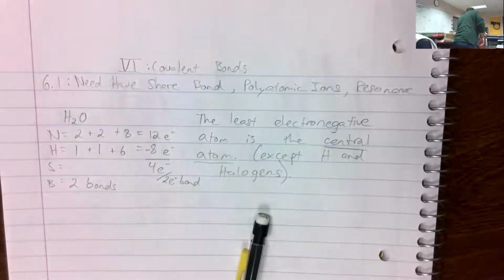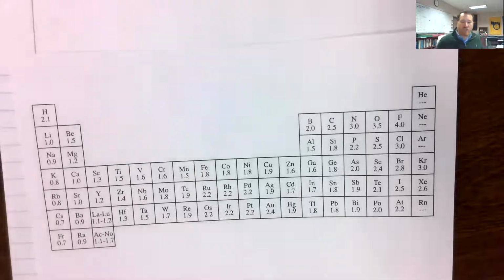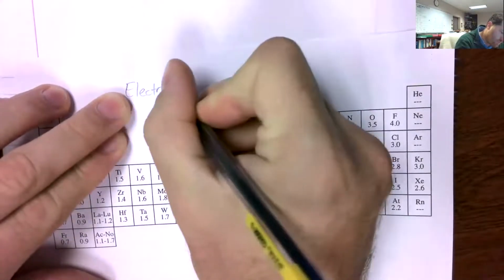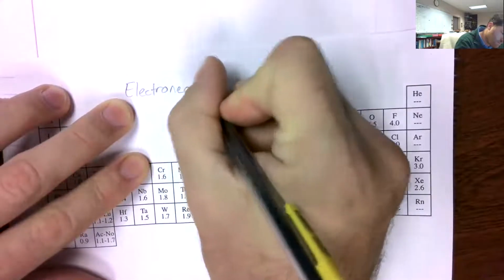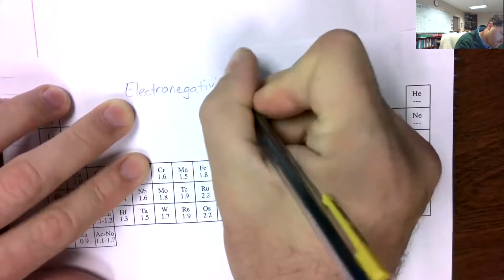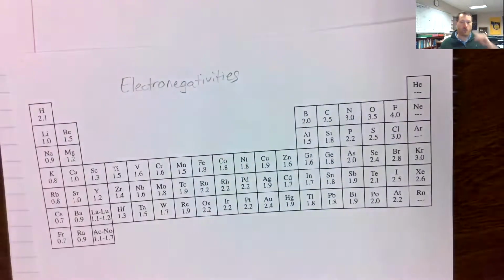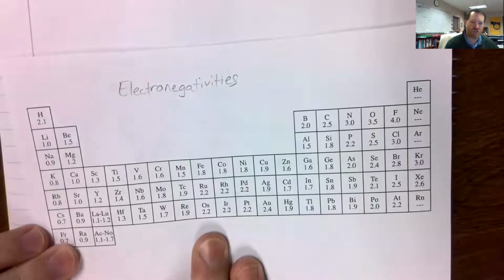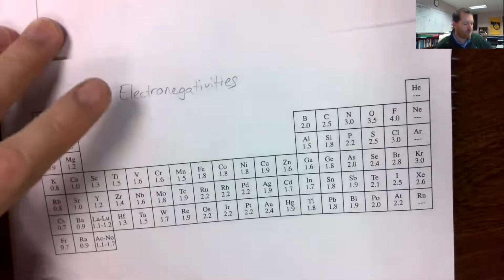You were in class, you've got one of these charts here that shows electronegativities. So you can hold on to this, you can reference it. You don't need to memorize them. We're going to use this throughout this chapter, so don't lose this little half sheet of paper.